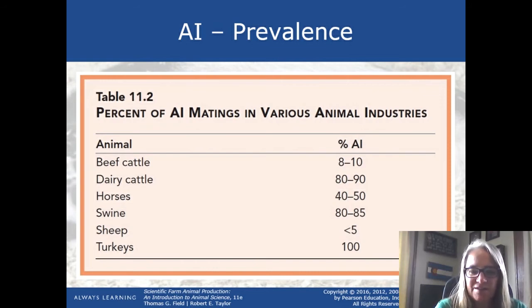It's very breed specific. There are some breeds that actually don't allow artificial insemination if the animal's to be registered. There are some breeds that do allow artificial insemination. So we see this kind of dependent on breed with horses, but not so much in the other species.